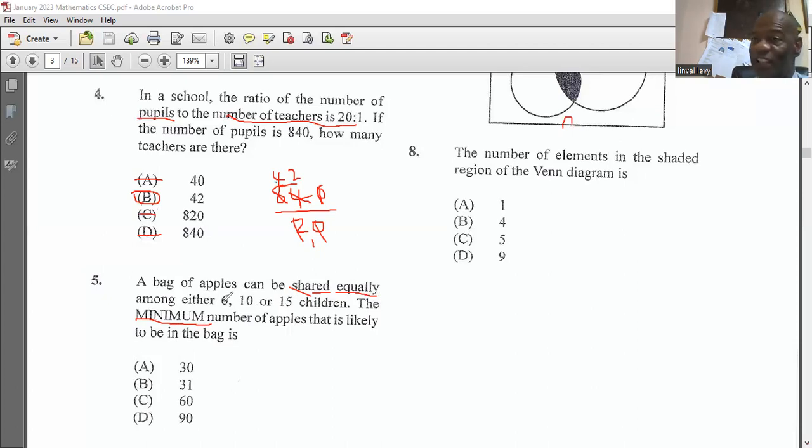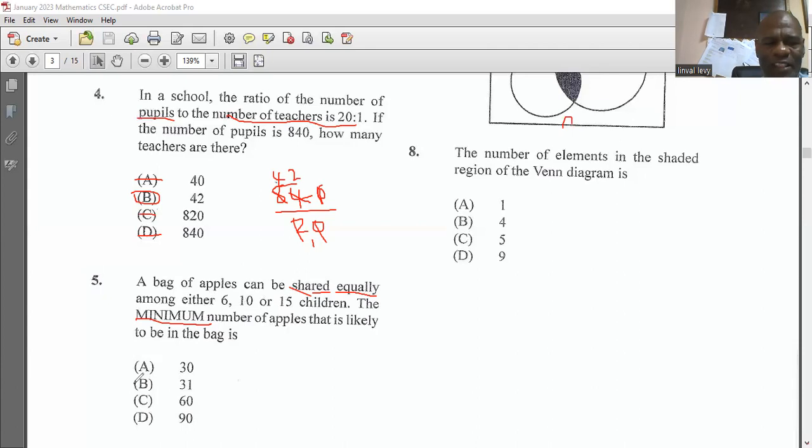Good. They're asking you to find the LCM. You're smart. Right? So they want you to find the LCM, the least common multiple. So what is the smallest number that you can divide 6, 10, and 15 into without leaving a remainder?